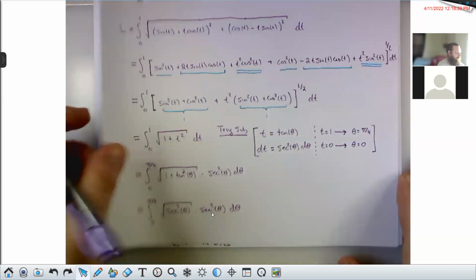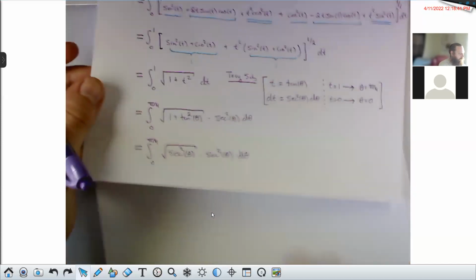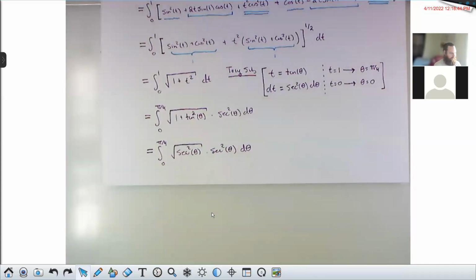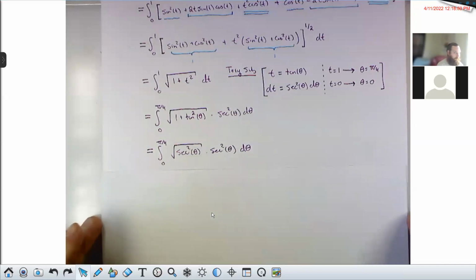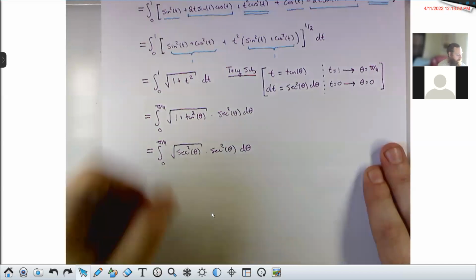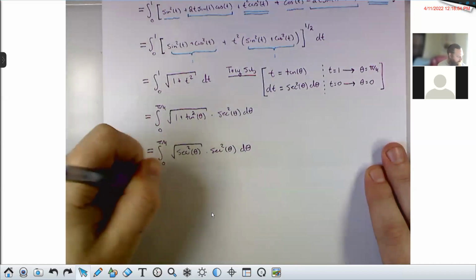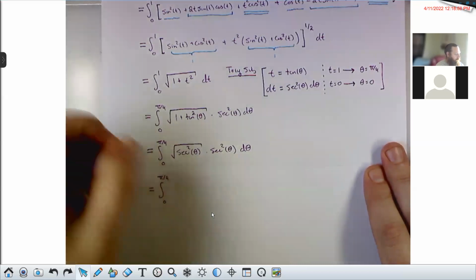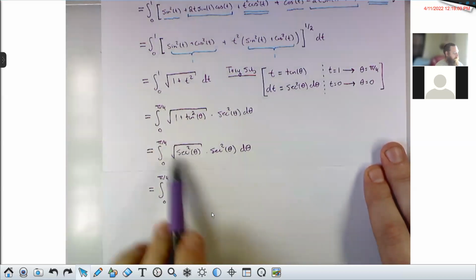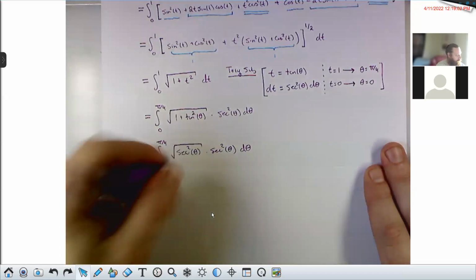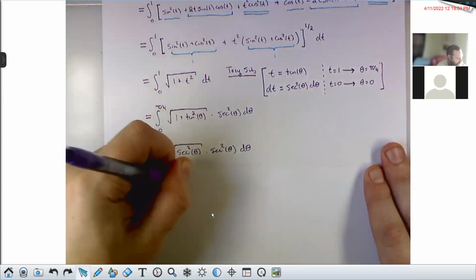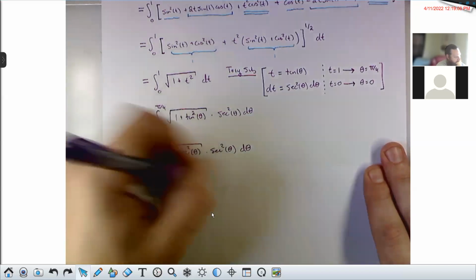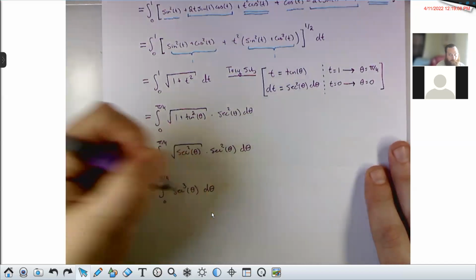You may be experiencing some PTSD because this is secant cubed. I have here the integral from 0 to pi over 4 of secant times secant squared, which is secant cubed theta d theta.